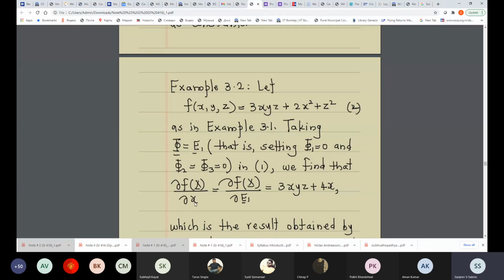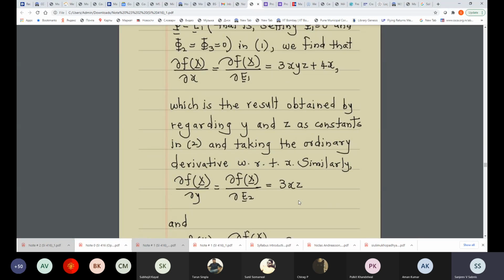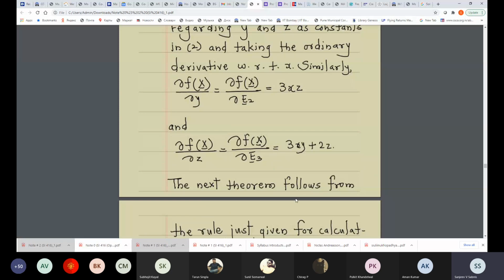If I take the partial derivative with respect to x, I'm left with 3yz plus 4x. So this x is not supposed to be there. That's a typo. I shall remove it, and this is the result obtained by regarding y and z as constants. Similarly, the partial derivative of f with respect to y is 3xz, and so on.